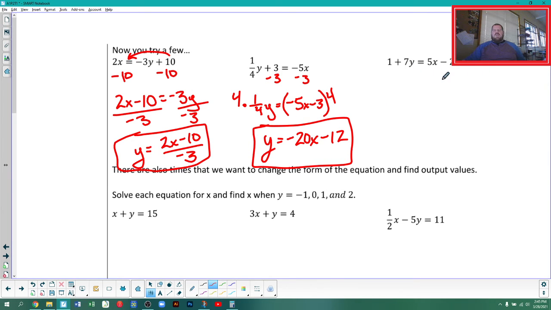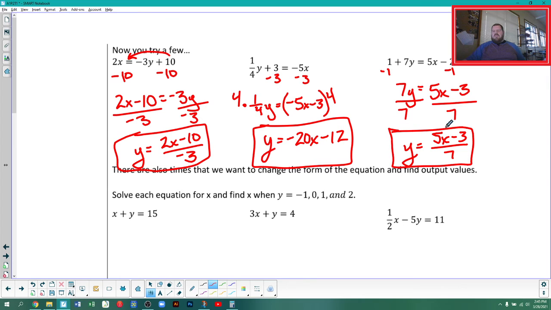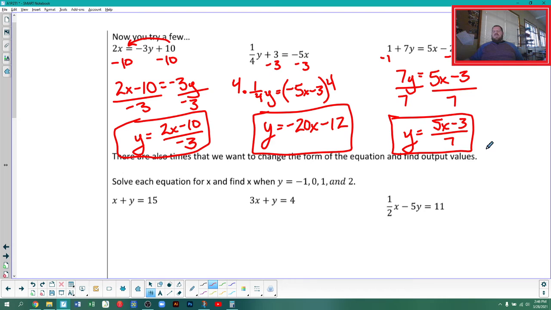Okay. Then on this one, it's a move the number. I'll subtract 1 on both sides. I'll have 5x minus 3, and then we'll divide by 7. So y is equal to 5x minus 3 divided by 7.